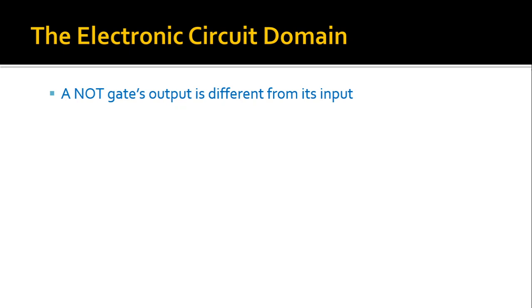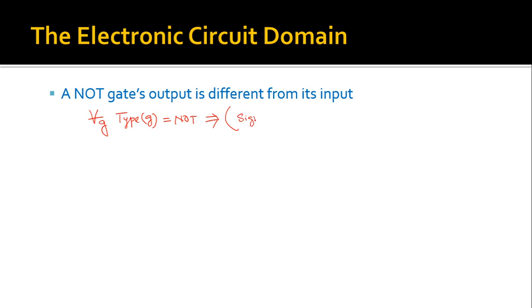So how do we define a NOT gate? Very simple to do. Basically, the input and the output terminals have different signal values. So I can write for all G, type of G is NOT, right? So this implies what?